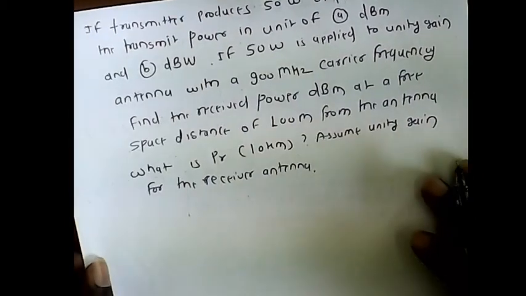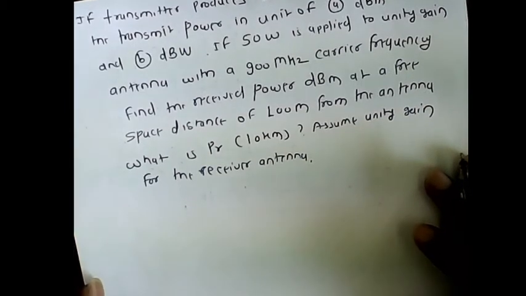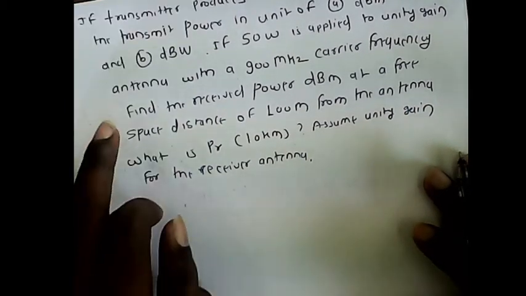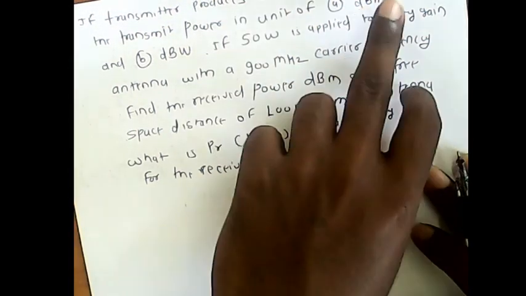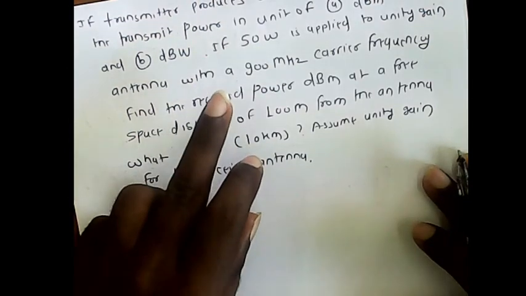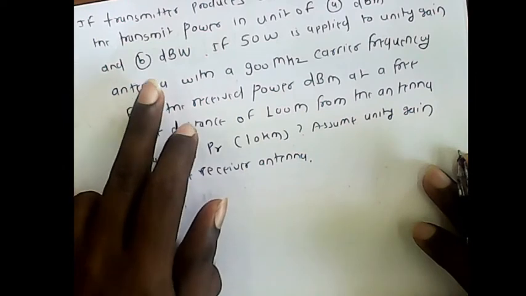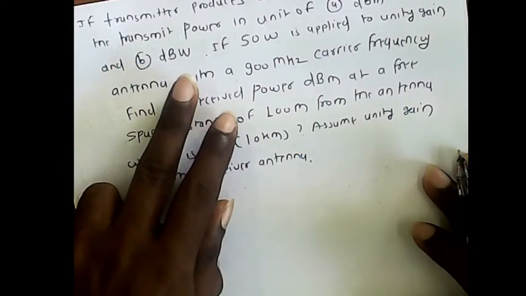Second, if the transmitter produces 50 watt power, express the transmitted power. So given power defined in two terms, the power in dBm or power in decibel watt.